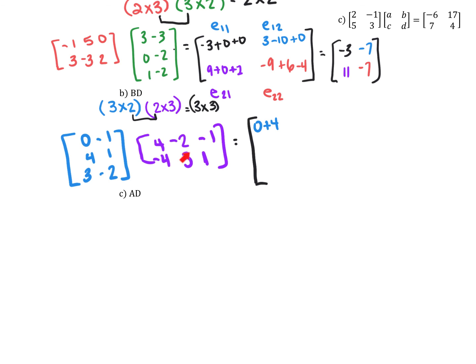First row, second column. 0 times negative 2, 0. Negative 1 times 3, negative 3. Last one, first row, third column. 0 times negative 1, 0. Negative 1 times a positive 1 is a negative 1.